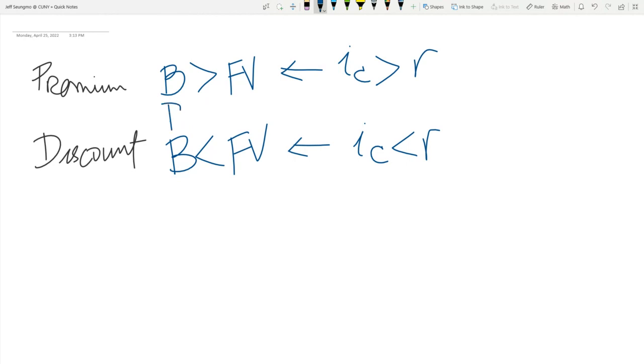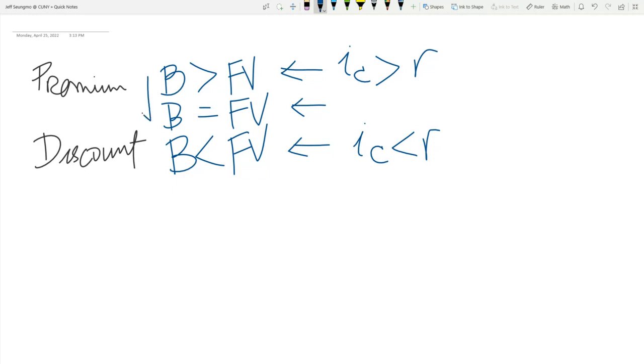But there is also a situation where the price of the bond is equal to the par value. If the price of the bond is equal to the par value, then there is no particular name. You just say the bond is selling at par value, right? And what would cause this to happen?